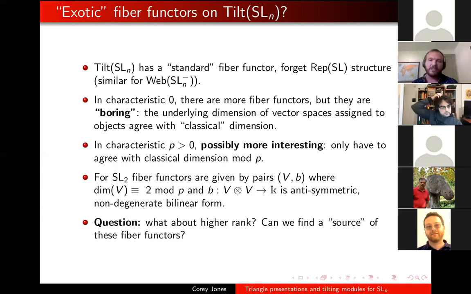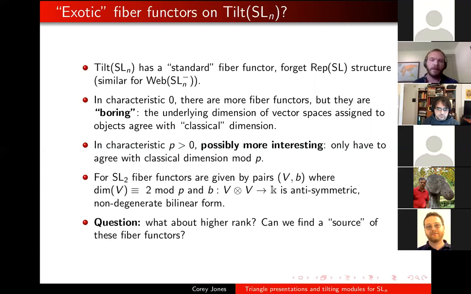And in characteristic 0, the answer is yes. There are a lot more fiber functors. But in some sense, from some point of view, they're kind of boring. So I don't want to declare them all boring. They're not. They're interesting twists, and they're related to cohomology of the Lie group and all kinds of stuff. But they're boring in the sense that if I look at the dimension of a vector space assigned to some object, it necessarily agrees with the classical dimension.